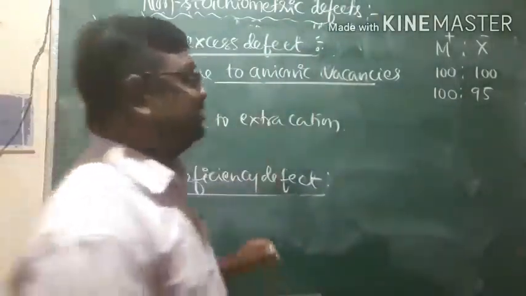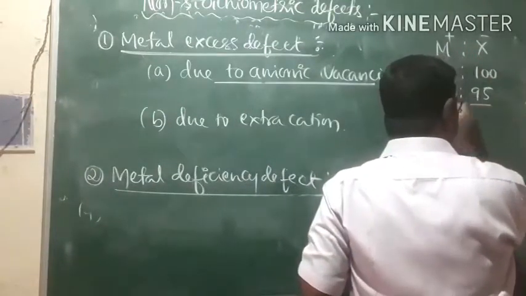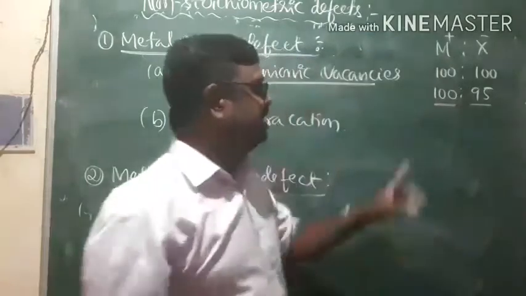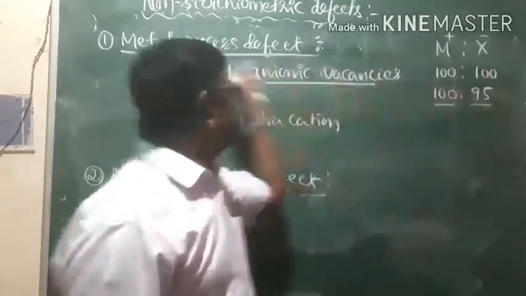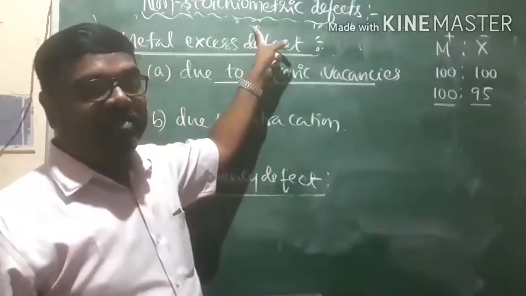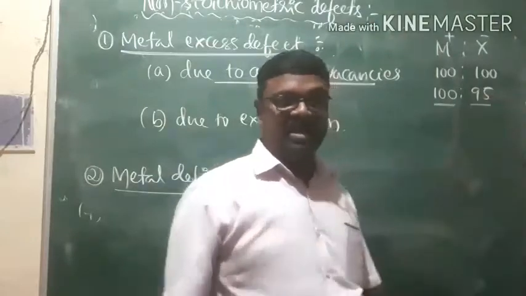The number of anions is decreased, so the number of cations is increased. That means the number of metal ions will be more compared to the number of anions. That is metal excess defect, where the number of metal ions is increased by decreasing the number of anions.